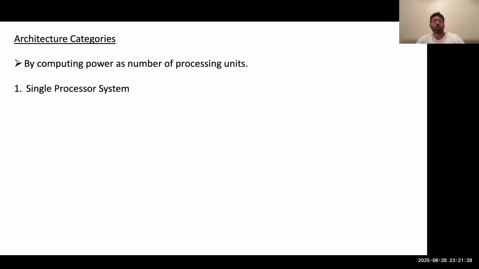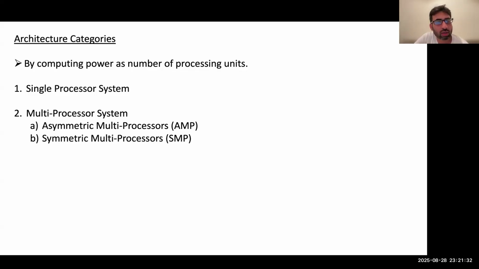We can have systems with a single processor, or machines with multiple processors. Machines with multiple processors we can divide into two categories: asymmetric multiprocessors and symmetric multiprocessors. We will talk about them in a while.